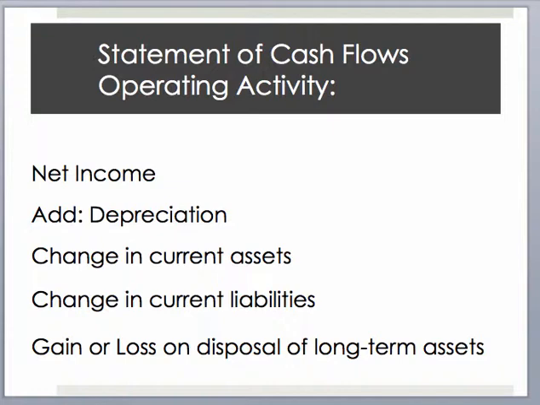So think of your accounts receivable, prepaid insurance, inventory, accounts payable, wages payable. All that activity on the balance sheet that's current will appear on the operating. And gains or losses on the disposal of long-term assets will also appear in this section.